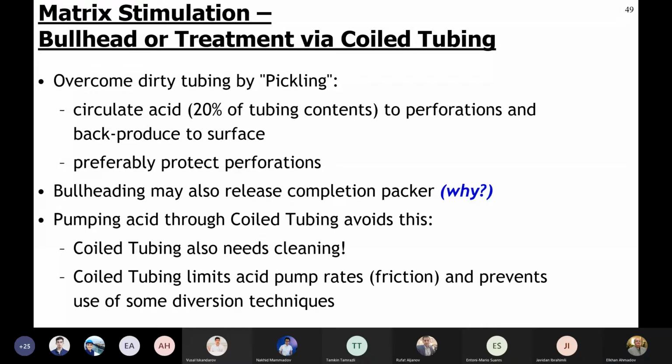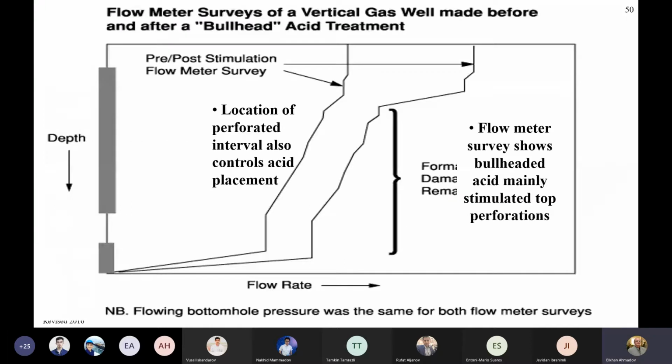The same with clean tubing: we have to make sure that we cleaned those coil tubing and the pipes that we will use as a work string for this acidization job, to make sure that we clean them from rust, scaling, pipe dope, any other mud.